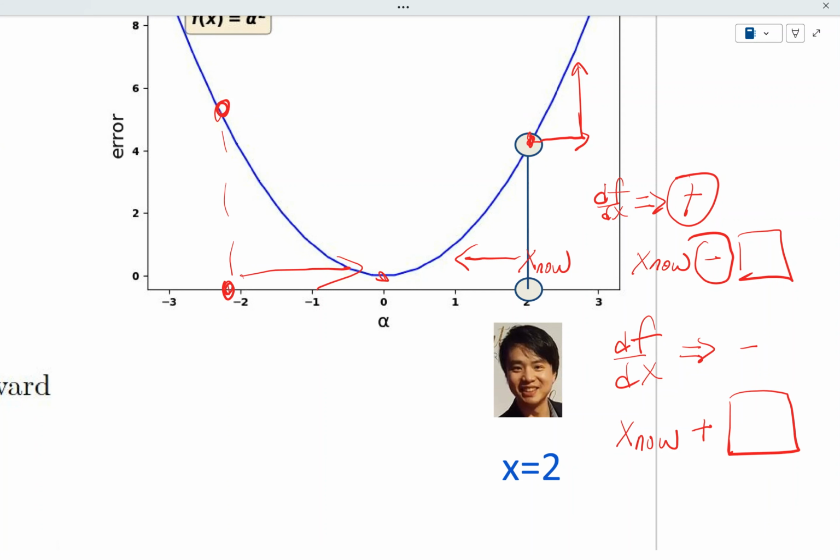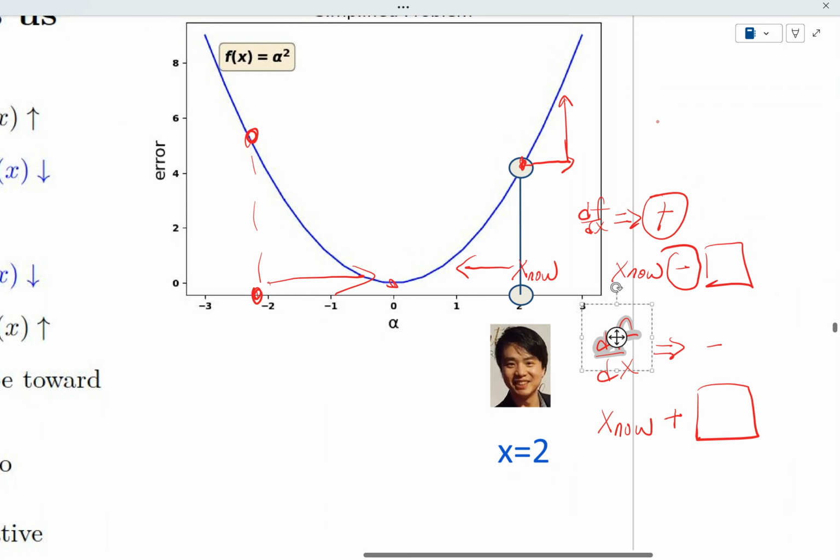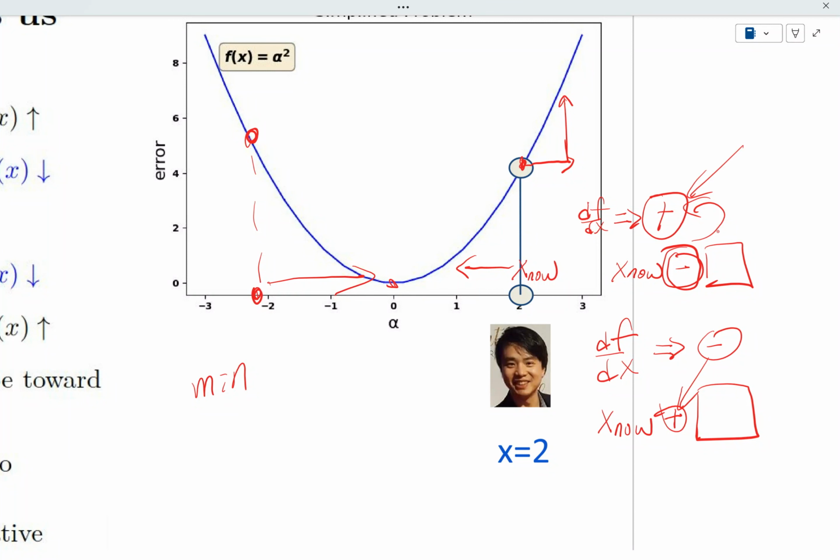This is basically the heart of how gradient descent works. When you're trying to minimize, you want to go the opposite direction of the derivative. If the derivative is positive, you want to take a negative. If it's negative, you want to take a positive.